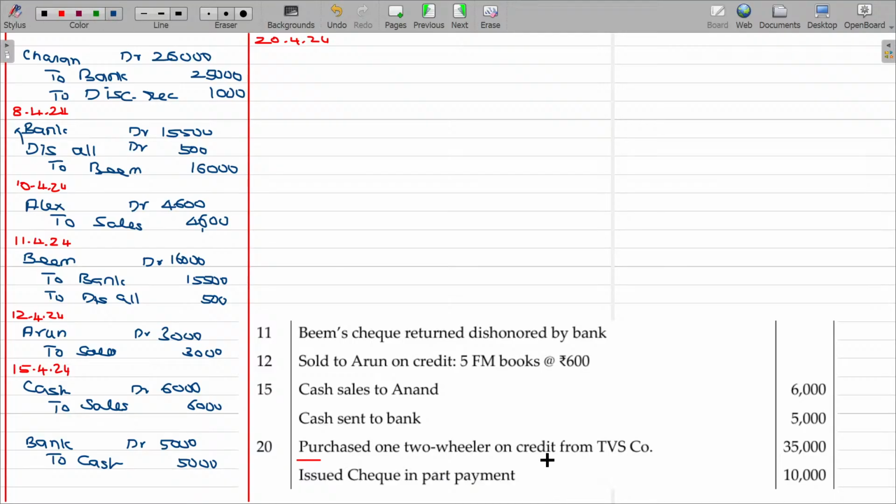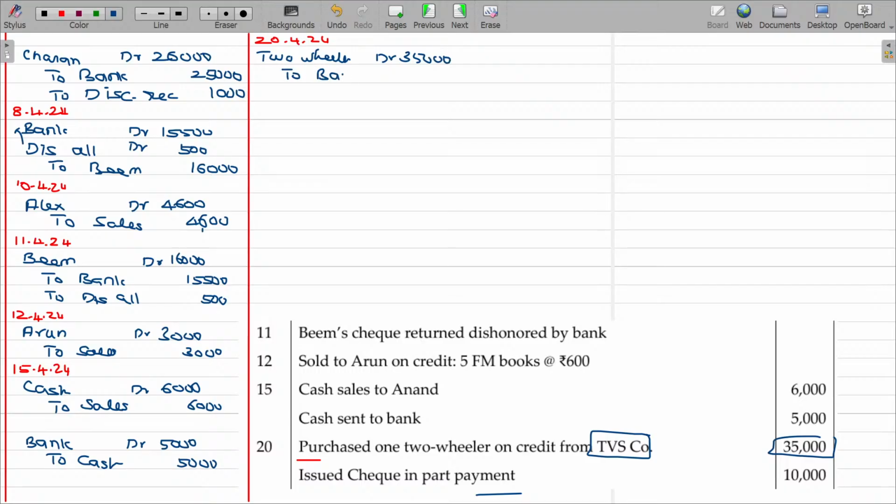Purchased two-wheeler on credit from TVS and Co. 35,000. Issued check in part payment 10,000 rupees. So then we got a two-wheeler here, an asset, two-wheeler account debit. The worth of the two-wheeler is 35,000.